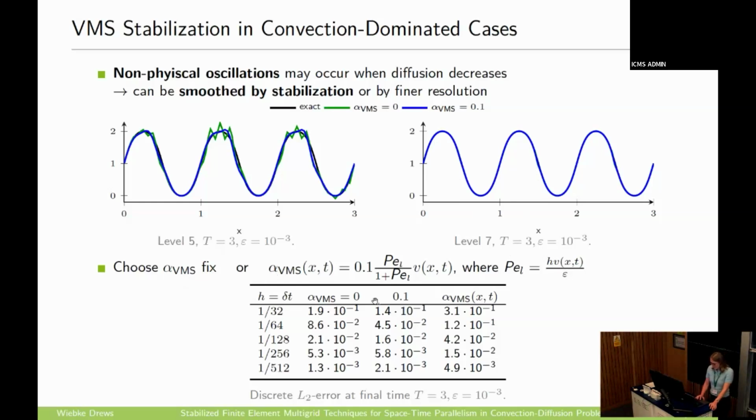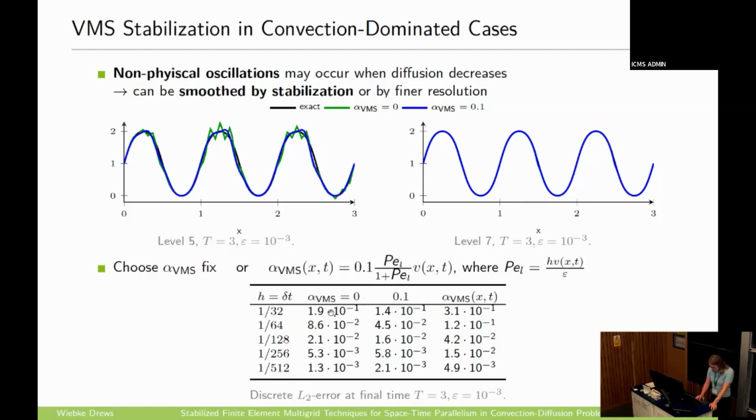That would be 0.1. And another option would be to be dependent on space and on time. So in fact, we choose it like this. It has the profile of the exact solution, and we couple it with the Péclet number so that we add more stabilization if we are convection dominated and less stabilization over here.